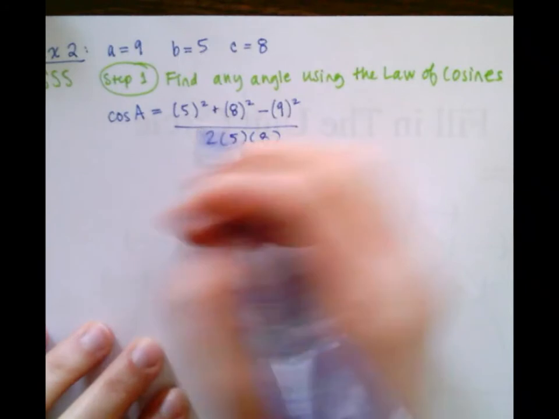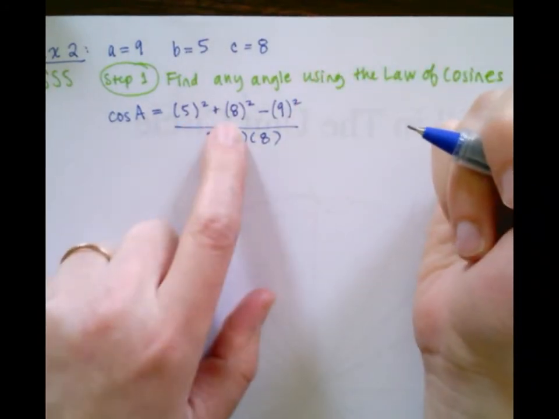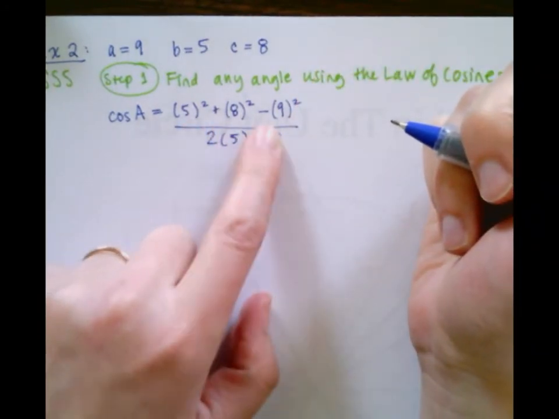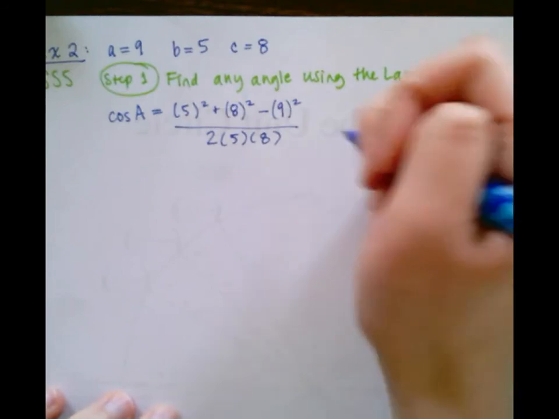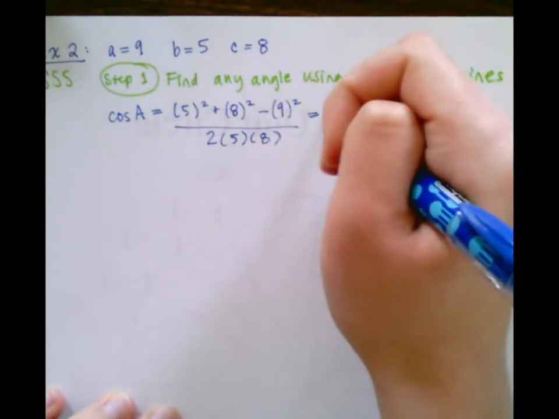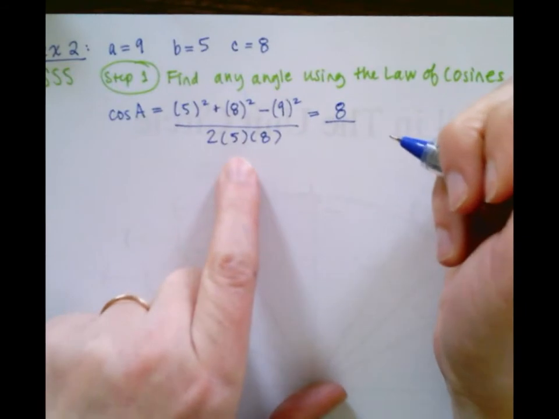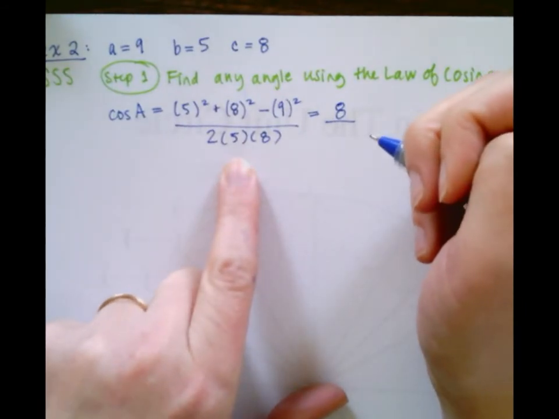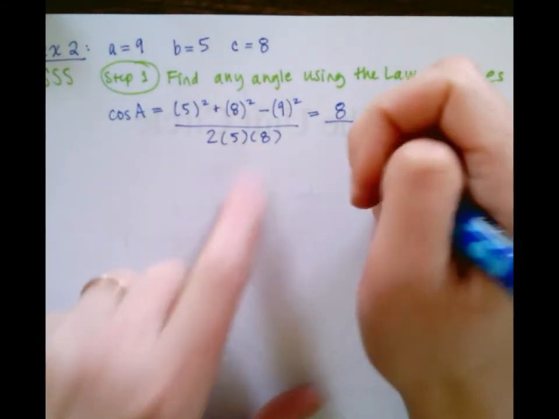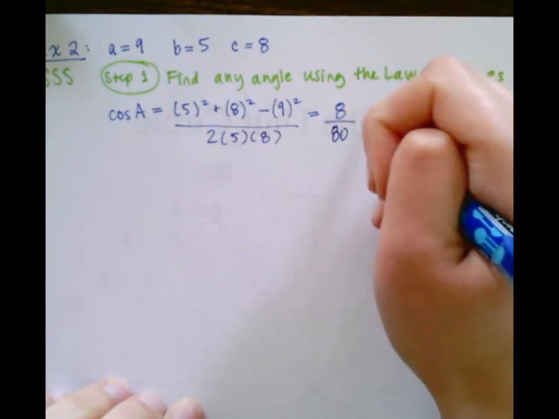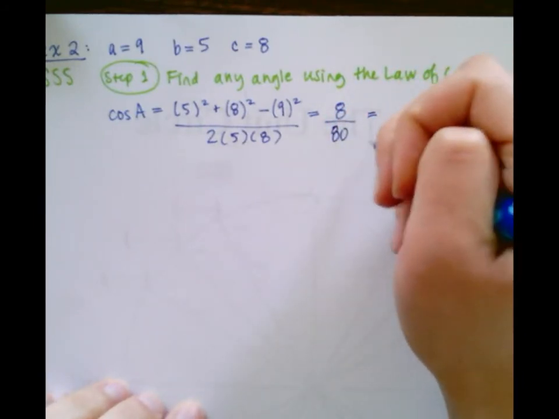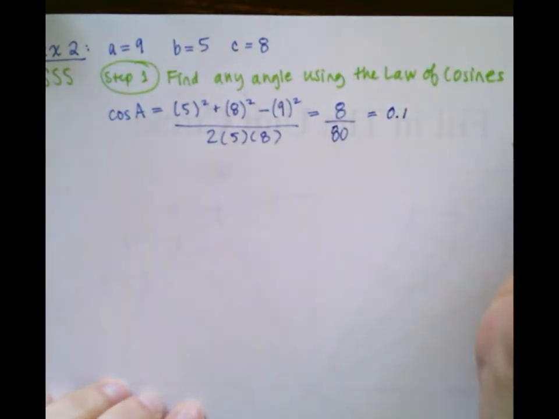So I get 25 plus 64 minus 81. If you have a calculator, this ends up being 8. And then on the bottom, we end up getting 10 times 8, so that's 80, that's 1/10 or 0.1.